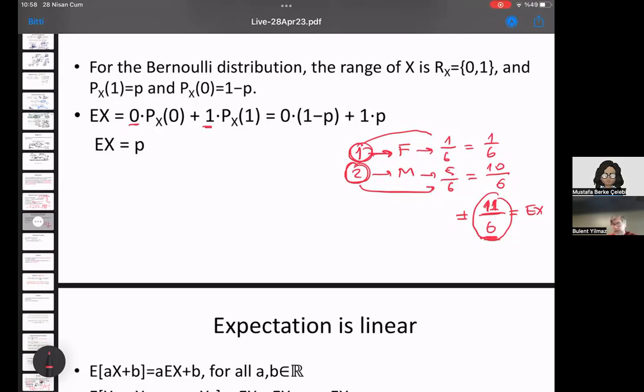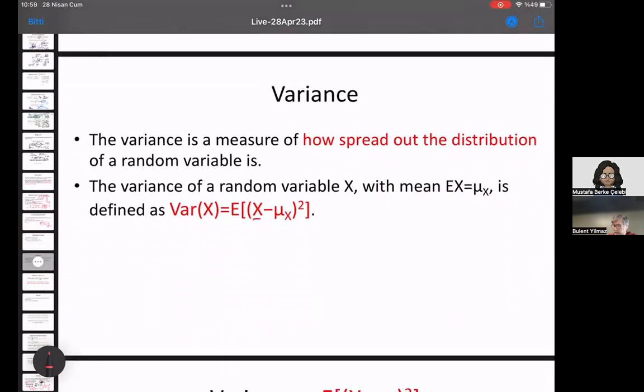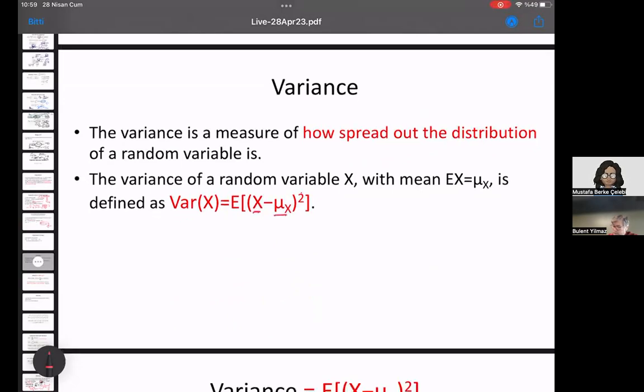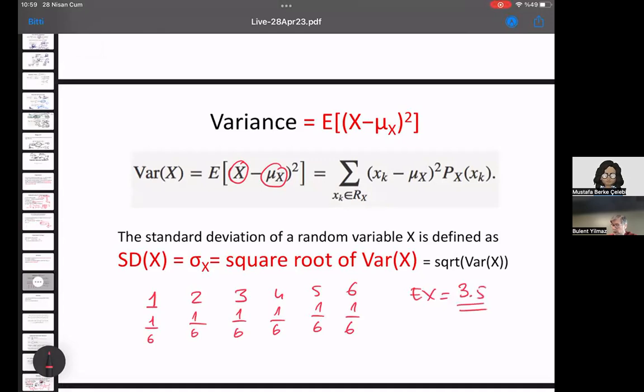In terms of the variance, arkadaşlar, variance is like x minus expected value. I have to find the difference between my value and the average. For example, rolling a die, 1, 2, 3, 4, 5, 6, the probability is 1/6 for each possible outcome, and I found the expected value is 3.5. How should I do it?